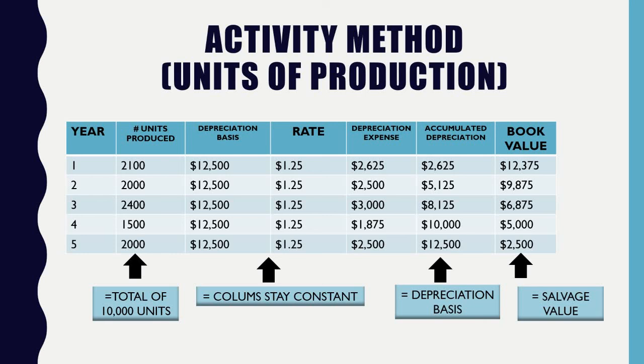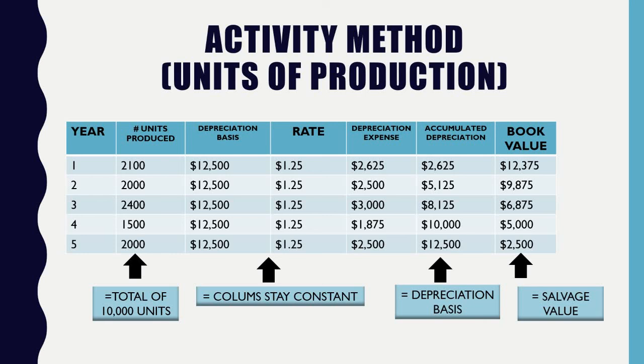At the end of your machine's useful life, at the end of its 5th year, your accumulated depreciation should equal your depreciation basis, and your book value should always be equal to your salvage value. Okay? Those are just a few things to look out for.